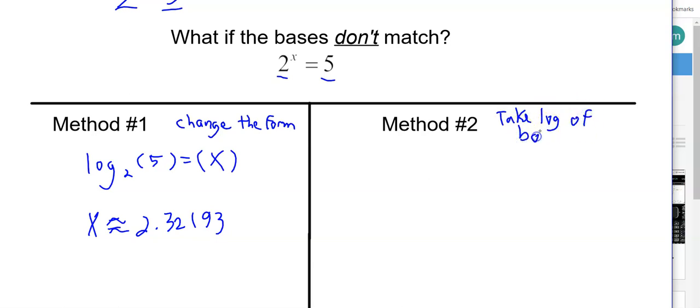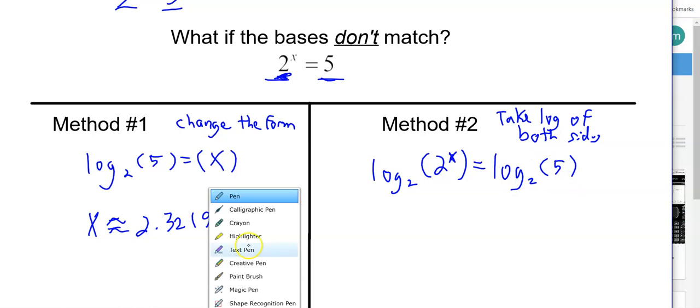It's this idea that we can just take the log of both sides of the problem. So you look at these two sides, 2 to the x and 5. Because it's base 2 under the exponent, I'm going to take log base 2. So log base 2 of 2 to the x equals, take the log of the other side as well, log base 2 of 5.